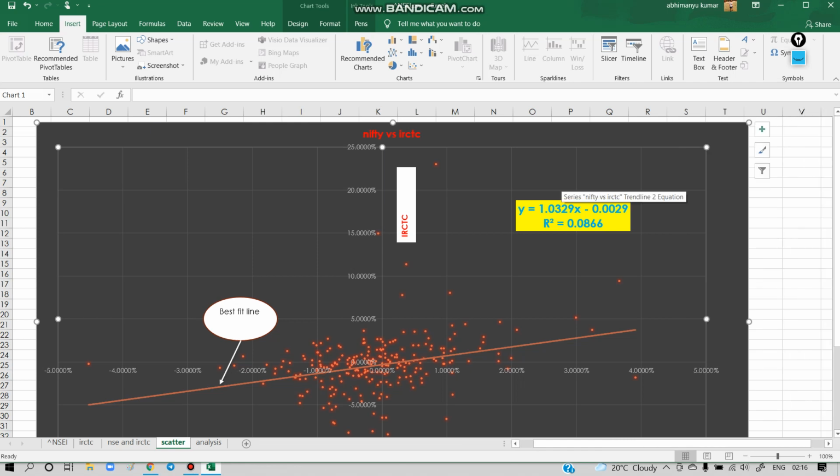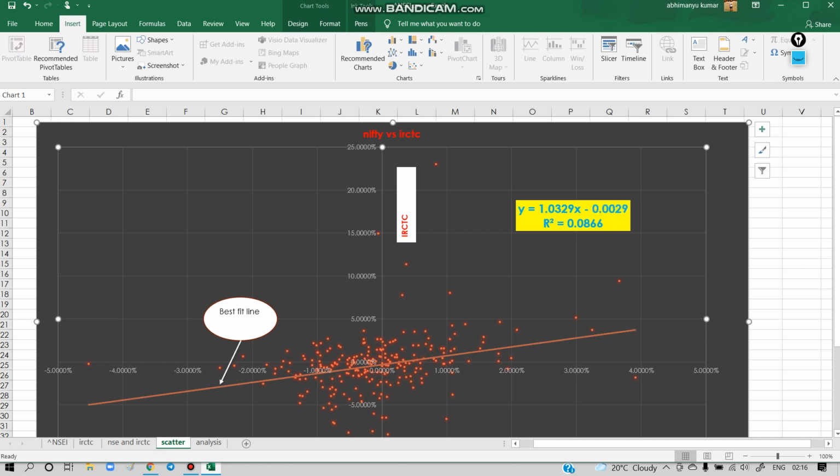So this is my slope, 1.0329, and this is my y intercept, that is minus 0.0029 or 0.03. Okay, you can see my R square is coming out to be 0.0866.